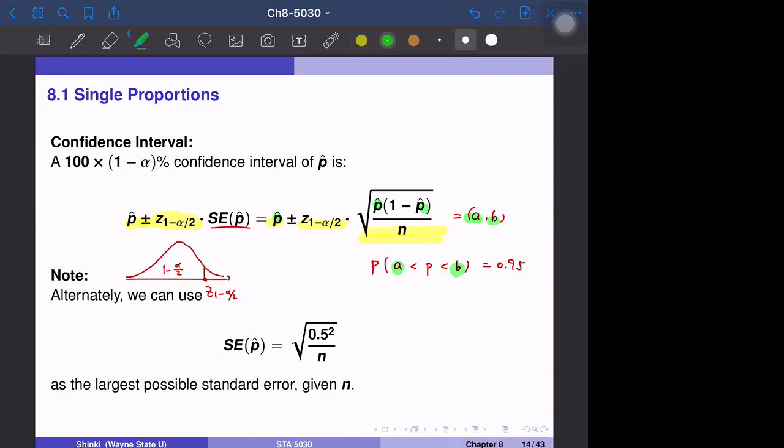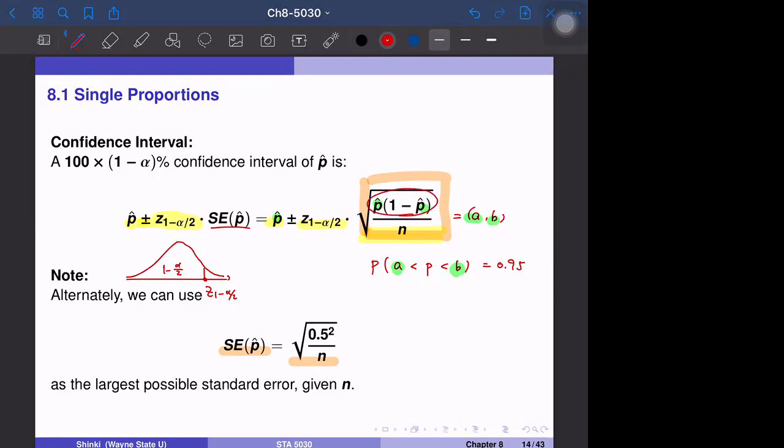Sometimes, instead of this standard error, we use the standard error of p hat as the square root of 0.5 squared over n, because this is the largest possible value of the standard error of p hat. Think about this quantity, p times 1 minus p.